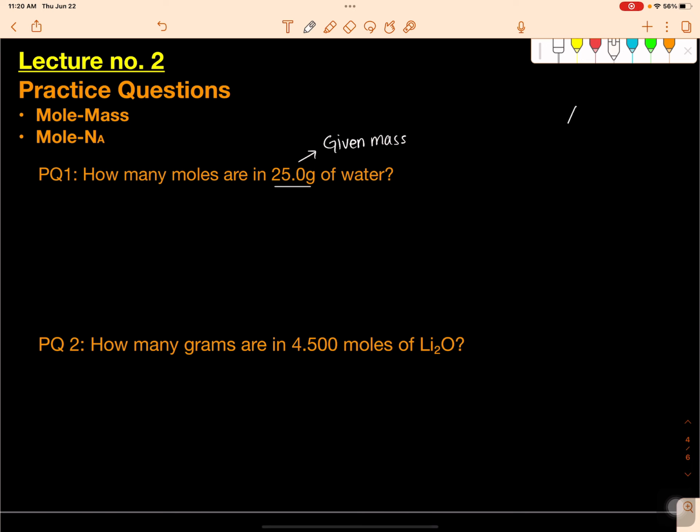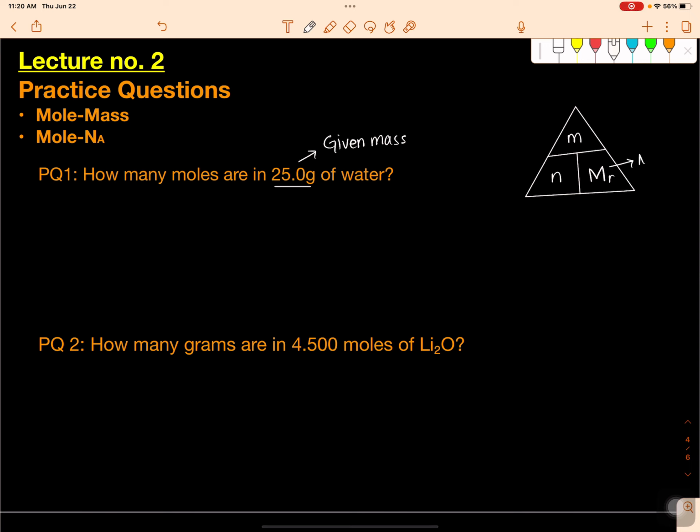Let's recap a little concept from the previous lesson. The previous lesson tells us that there is a little mnemonic to memorize the formula, which is M, n and Mr. There is a small r which stands for the relative molecular mass.